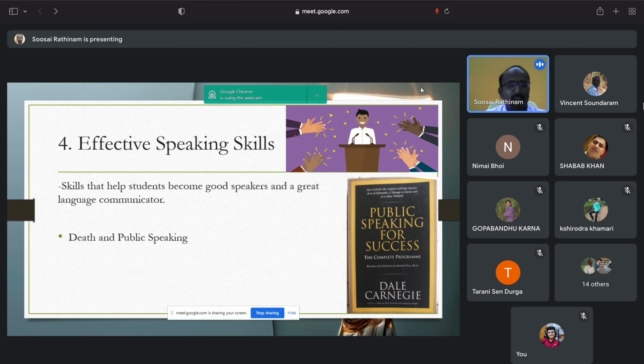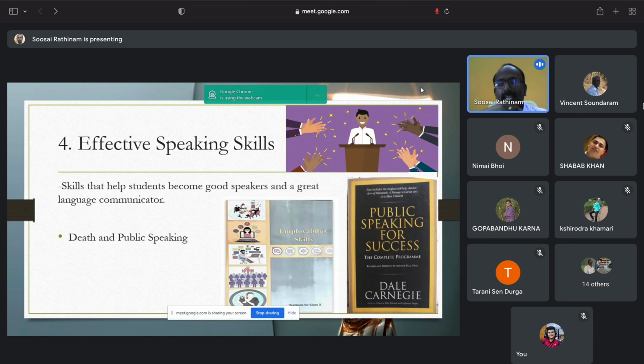We have been talking a lot about communication and the importance of why and how it could be done for the learners. And I recently came across this book. Many of you might have already known, but I came to know only a week ago, a book by NCERT called Employability Skills.